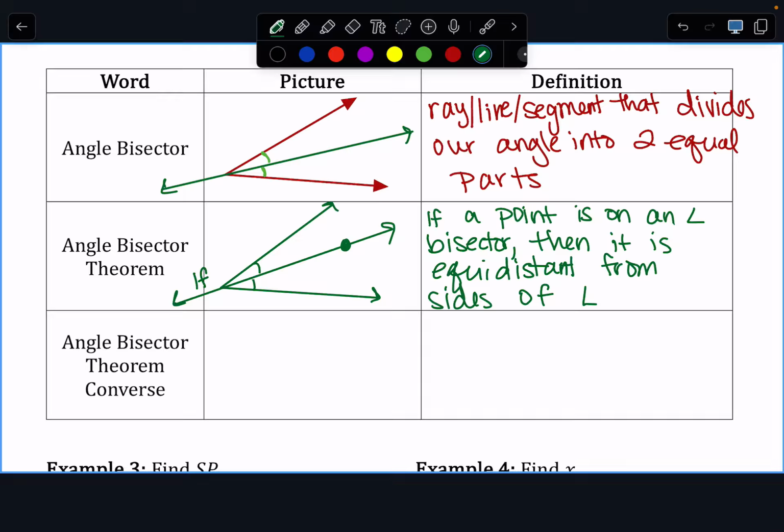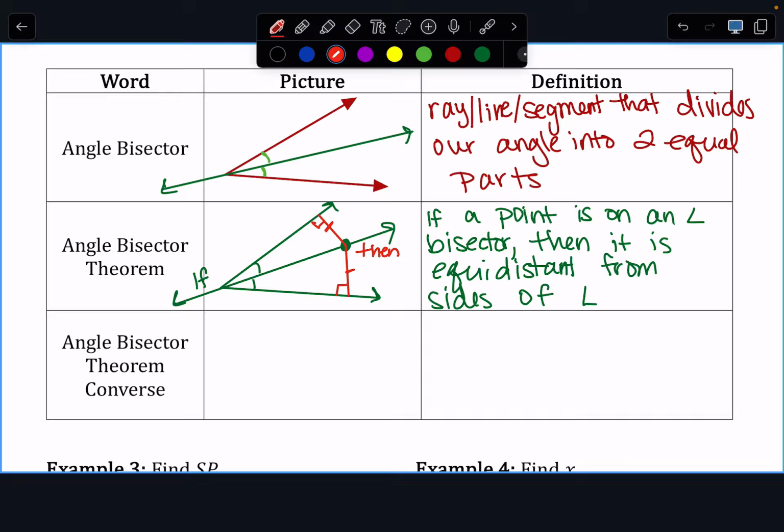Okay, if we have a point that's on the angle bisector, then it is equidistant from the angle sides. So that's a bad picture. So not only are these red segments the same, but distance is measured perpendicularly.